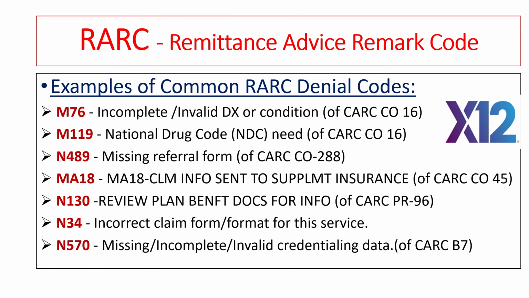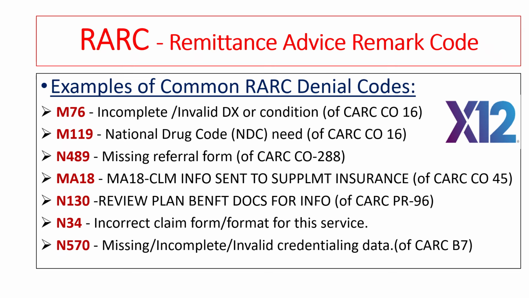MA76 is telling about additional information, an incomplete or invalid diagnosis code. And here I have given one more remark code, M119. This is telling about the national drug code being needed.